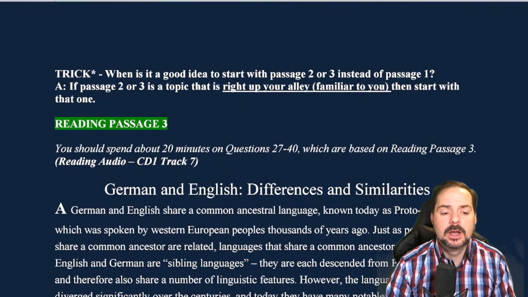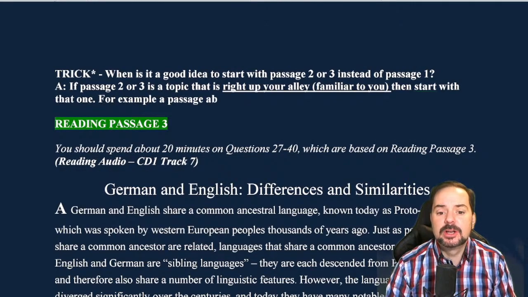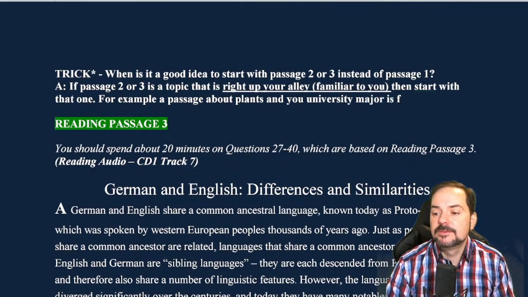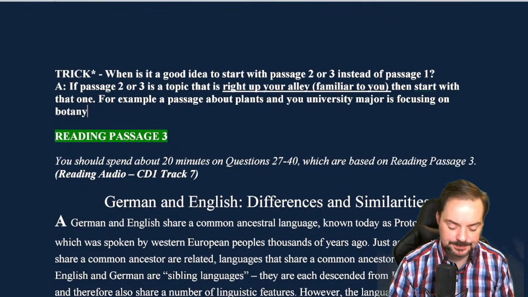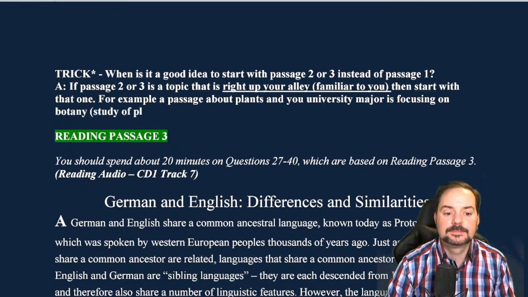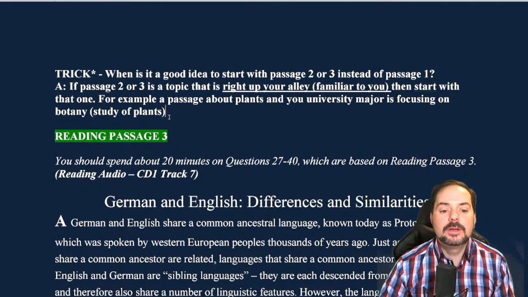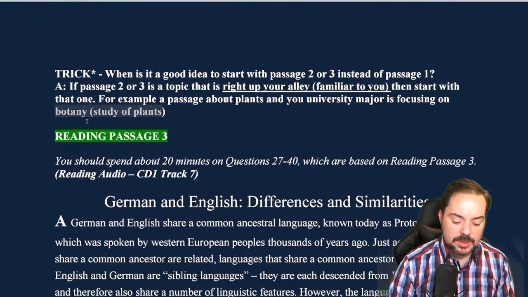So, for example, a passage about plants, and your university major is focusing on botany. Botany is the study of plants. So if that's the case, then start with that one.